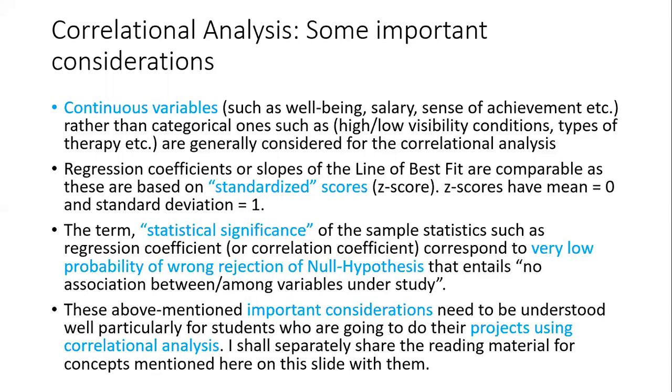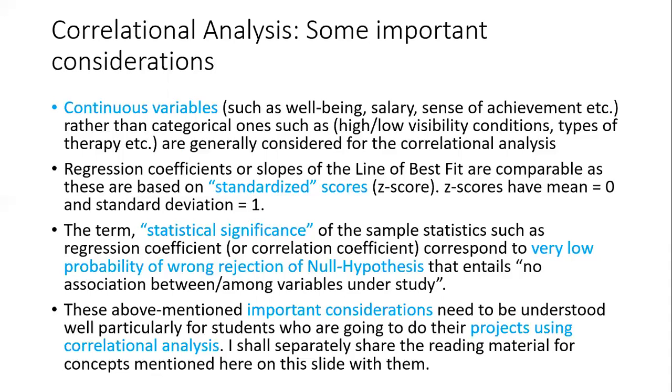So the term statistical significance of the sample statistics such as regression coefficient or correlation coefficient corresponds to very low probability of wrong rejection of null hypothesis. That entails no association between or among variables under study. So null hypothesis is about no association between or among variables under study.